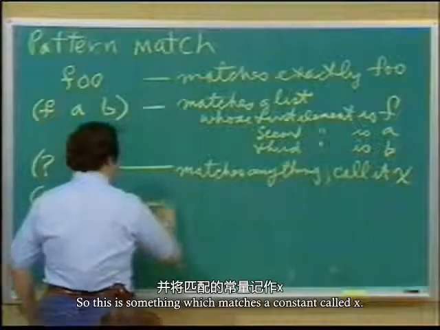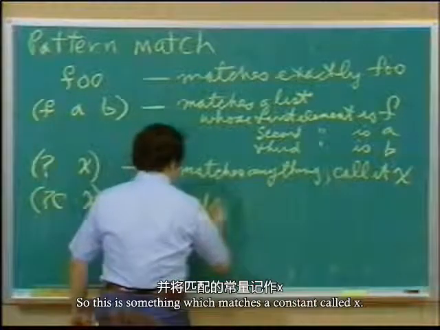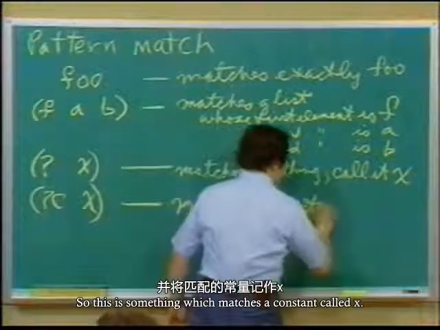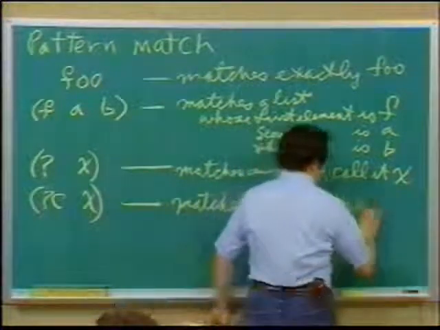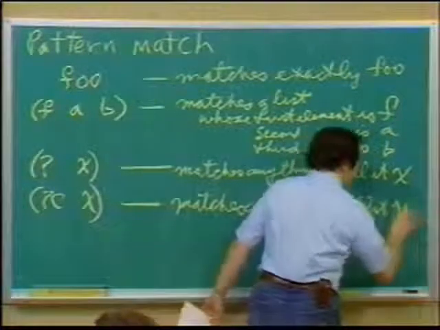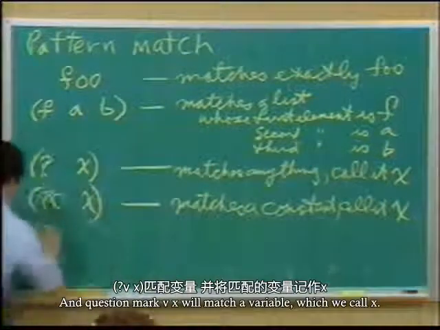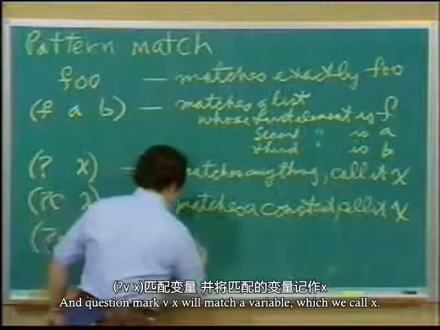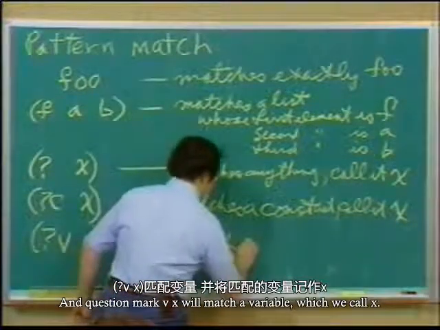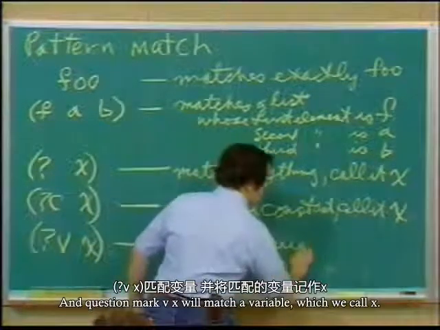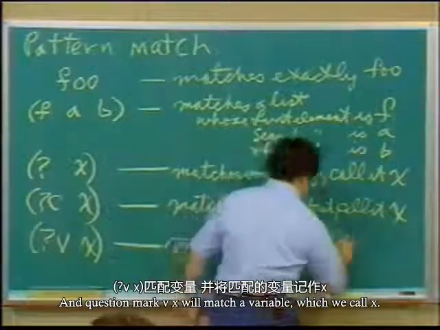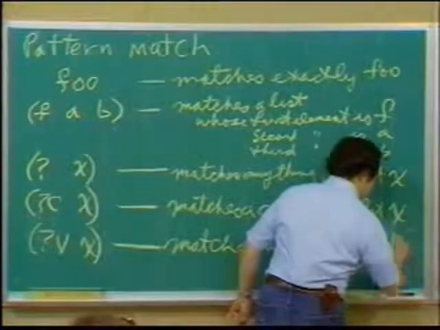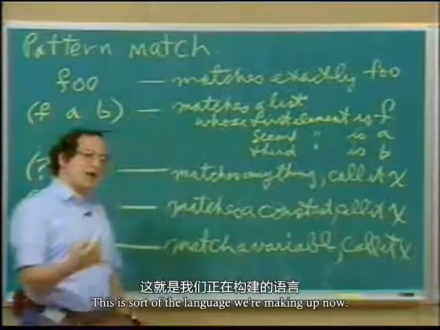So this is something which matches a constant. Call it x. And question mark vx will match a variable, which we call x. This is sort of the language we're making up now.